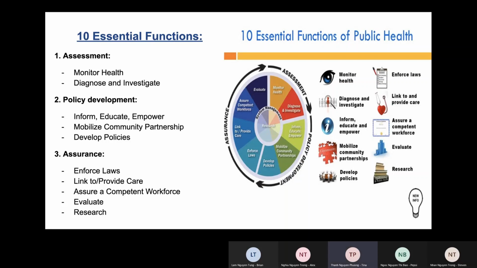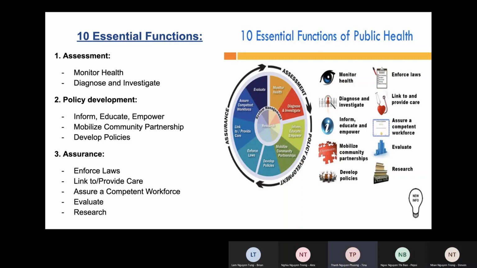Under the first core function, assessment, the first is to monitor health to identify and solve community environmental health problems. Essential number 2 is to diagnose and investigate environmental health problems and health hazards in the community.